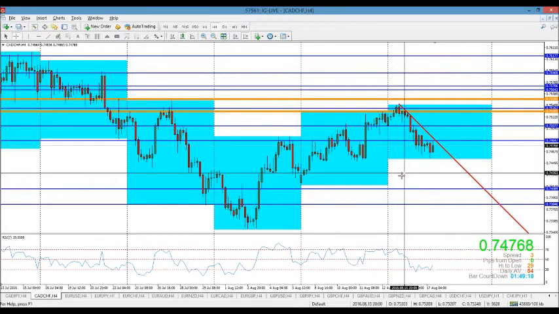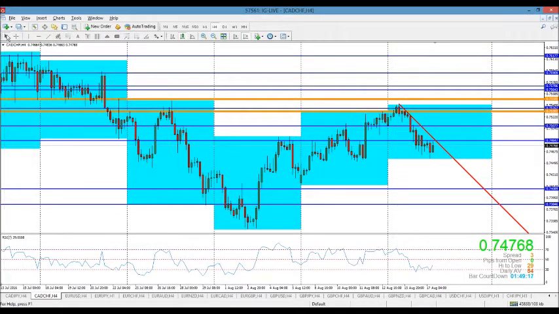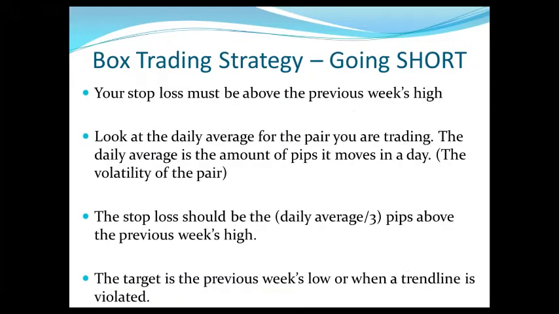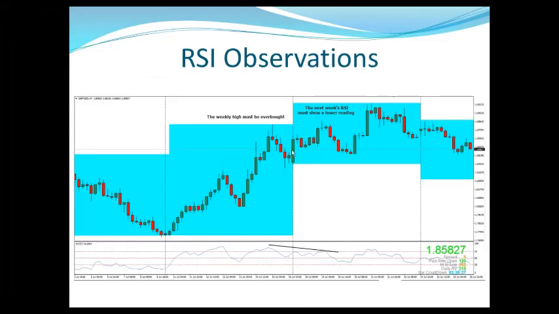During the class we covered how to do the bullish setup. This is really the bearish setup that we are looking at. So let me switch over to the PowerPoint and make sure that I've covered everything. Here's a good example of something that's in our notes, where we say that the previous weekly high must be overbought.